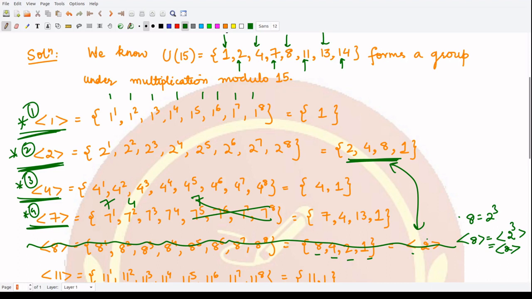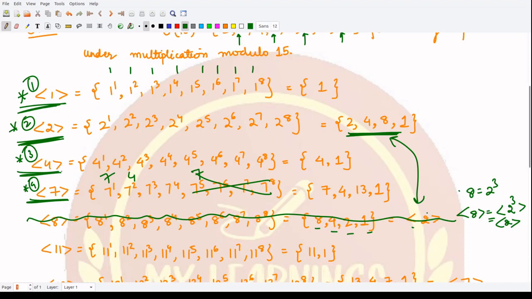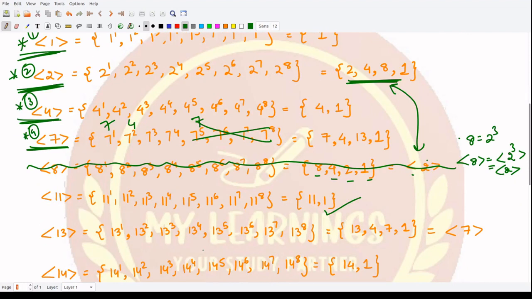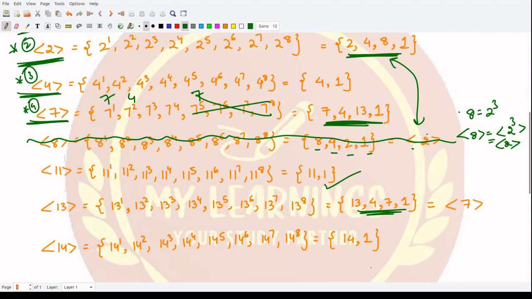Next, let's have a look at the subgroup which is generated by 11. It contains only 2 elements, 1 and 11. The procedure is the same, correct? And then for 13, it is equivalent to that of 7 because these members and these members are exactly the same, correct? And for 14 you have 14 and 1. So basically you reject 13, correct, because we get a repetition here.